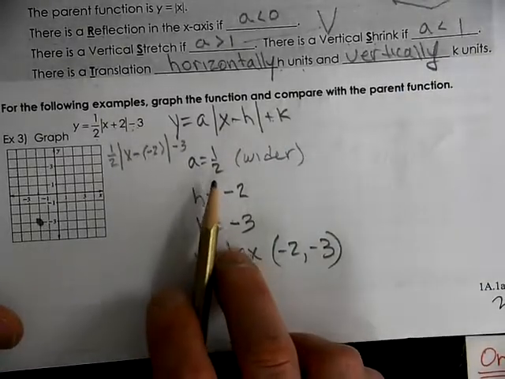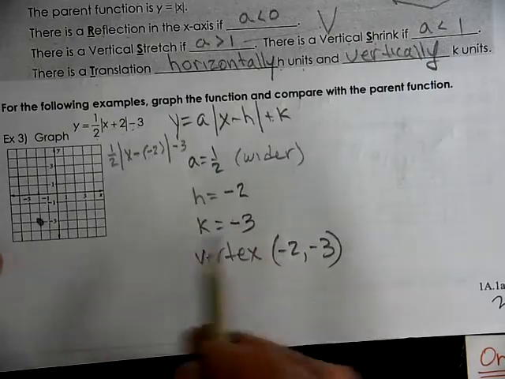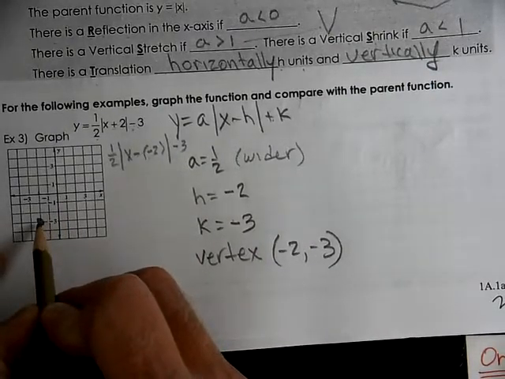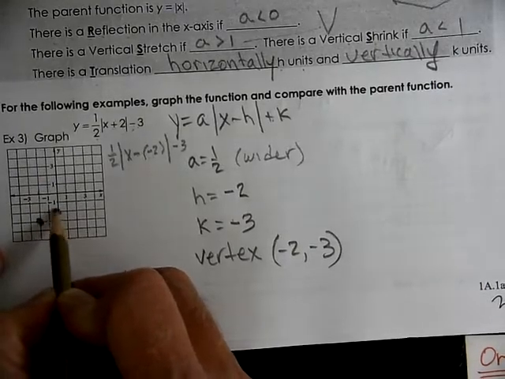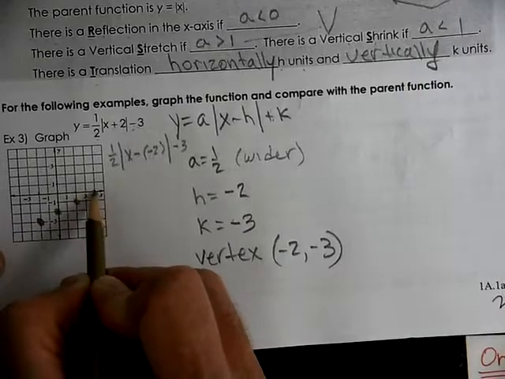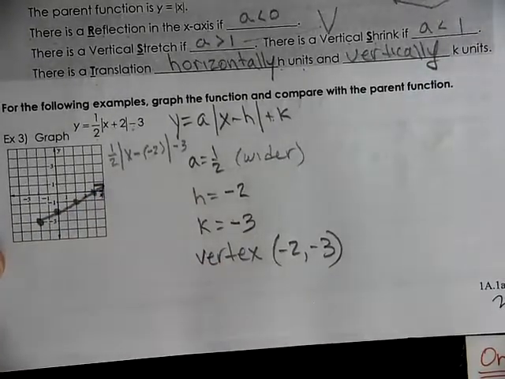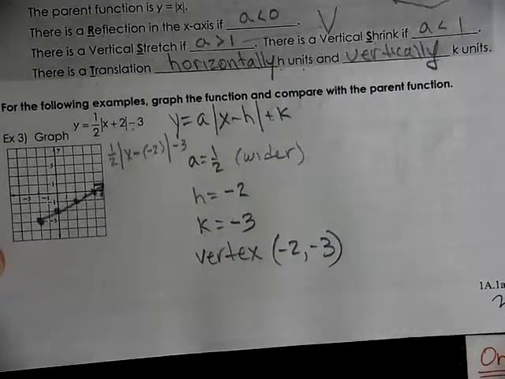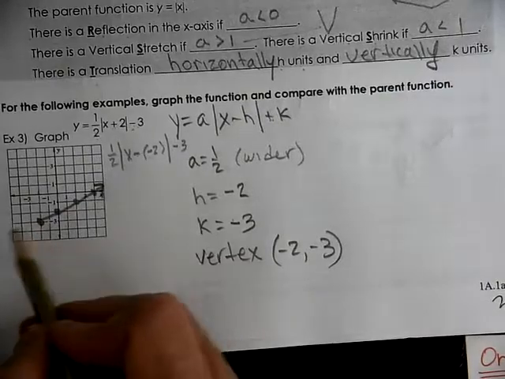Now we're going to have this slope of a half. Our slope is rise over run, so we go up 1 and over 2. Up 1 and over 2. We can continue that all the way to the edge of our graph. And then on the other side, remember it always makes a V shape.